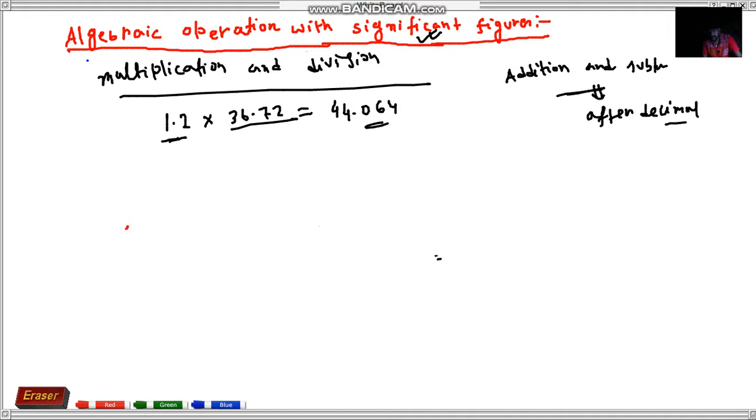Which numbers are to be multiplied? Here the numbers are 1.2 and 36.72.